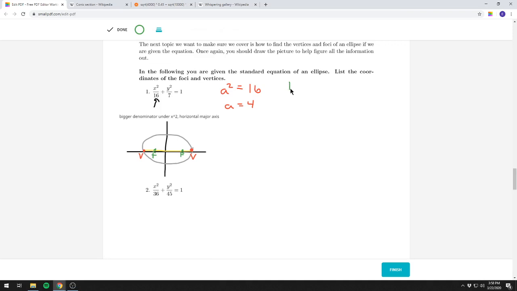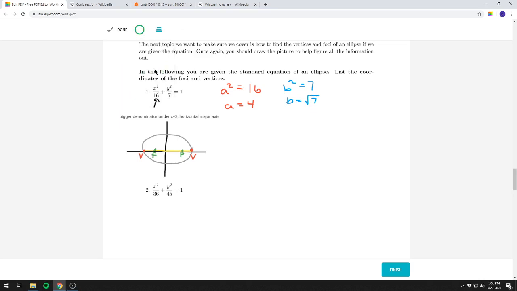And b squared is the smaller one. Make sure I write that in the same color I've been using, which is blue. Okay. We got b squared is 7. That doesn't simplify too well. We can write that b equals the square root of 7.